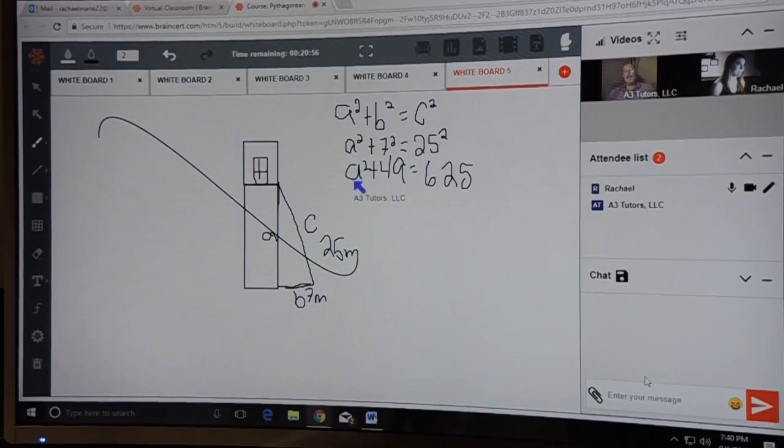We want to solve for A, and what we want to do is just have A, so we want to get rid of 49. Like you said, we're going to subtract 49 from this side, but what do we have to do on the other side of the equation to keep it balanced? Also subtract 49. Very good. So this will cancel out, and go ahead and rewrite this equation more simplified.